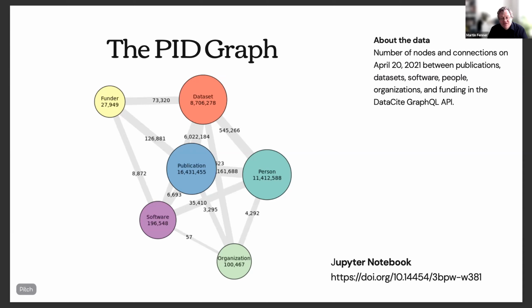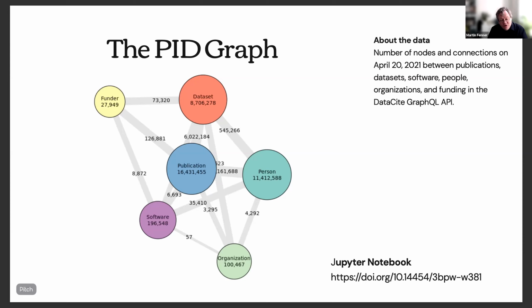What you also see is the number of items for these various entities. Datasets is mostly DataCite DOIs for datasets. There is also a small number from Crossref. Publications is both Crossref and DataCite, so DOIs in all cases, and clearly there are big gaps of other kinds of publications that don't use DOIs, and that's something that needs to be added.